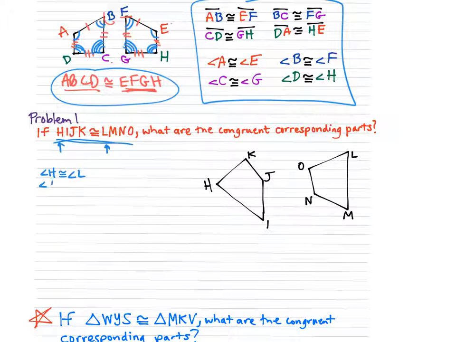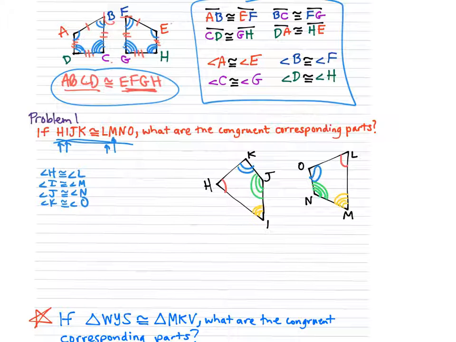Angle H, angle I, angle J, angle K. I is going to be congruent to the next, M, and then N, and then O. So the order is going to be the same. Then the same with sides, but it's a little bit harder, just because the picture helps. Since H is congruent to L, and K is congruent to O, and J is congruent to N, and I is congruent to M.